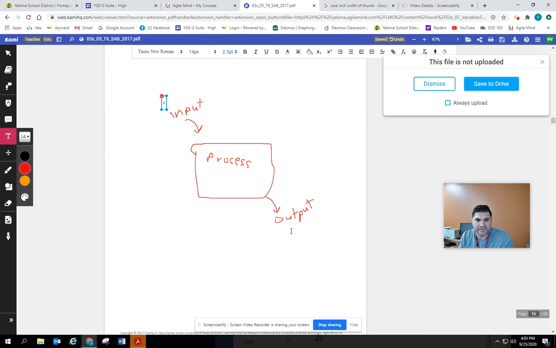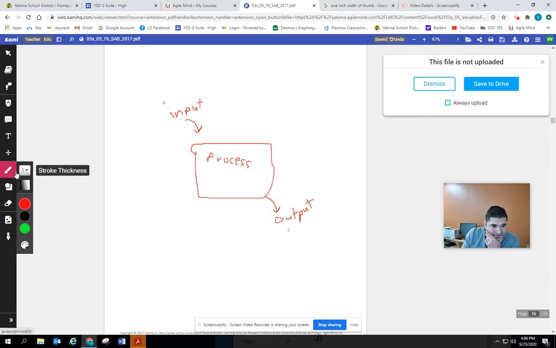And if that is x, then this would be y. I like the drawing better, so I'm going to go back to here. When you put something in, you have the process, it comes out. You put in an x, it does the process, a y comes out.